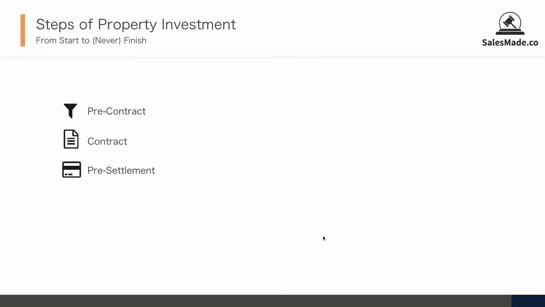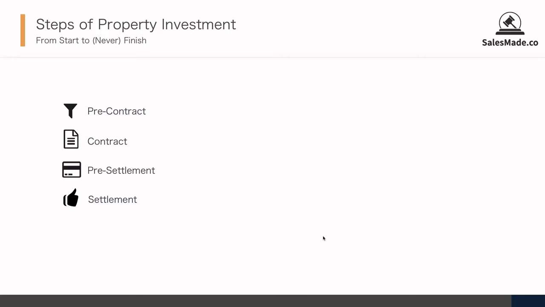Either way, there is virtually no additional cost up front to apply for that loan. Before the settlement happens, the lender will need to release the funds to the seller, and the lender will generally have security over the title of the property. When the loan gets released, that's when we can trigger the next step, being the settlement.